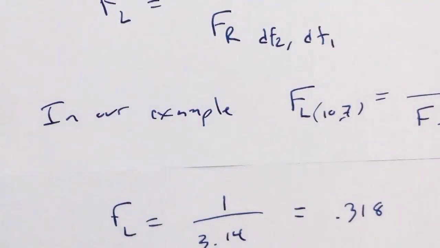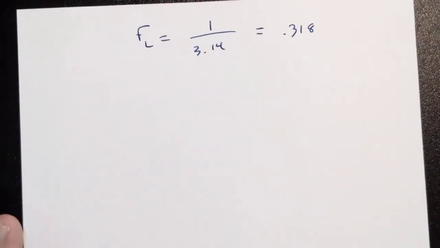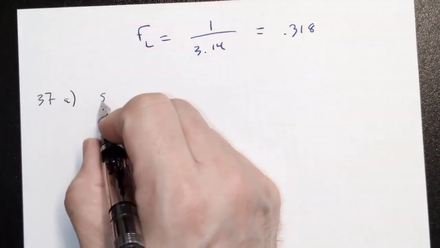So let me write down all of that information so that I have it in front of me. And then we can crank out some numbers here. 37A.